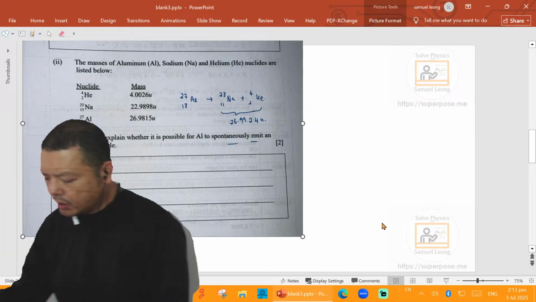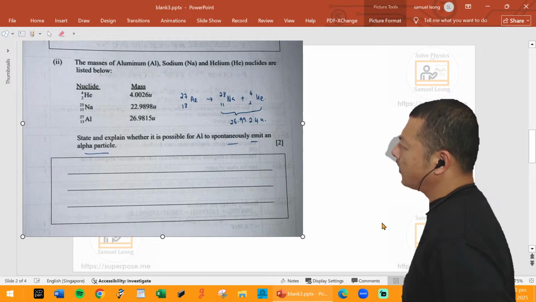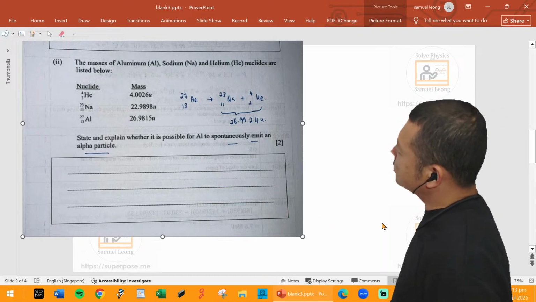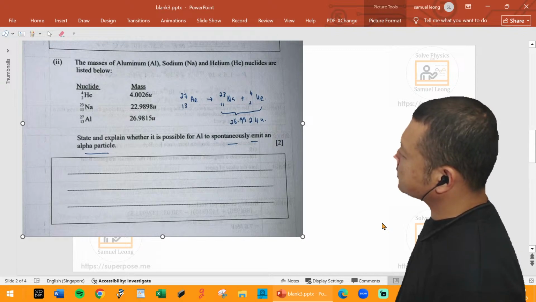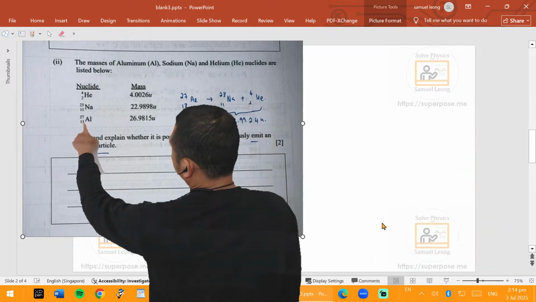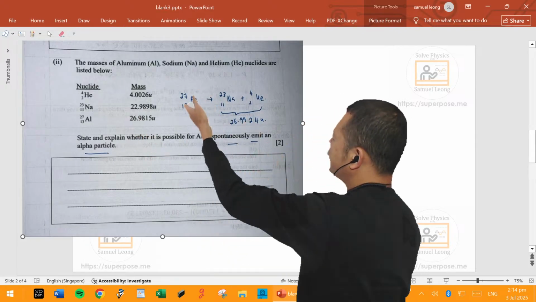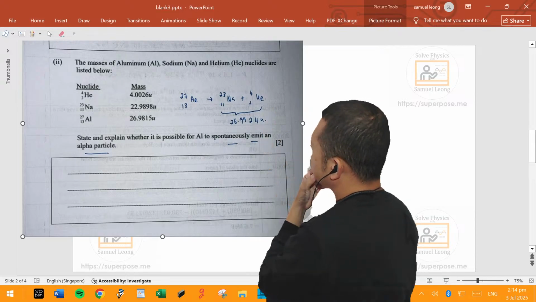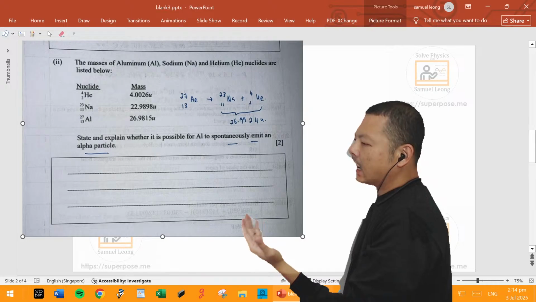Okay. So the question is asking you whether it is possible for aluminum to spontaneously do alpha decay. So we have to kind of see, right? So if it does alpha decay, it will be what? 4 minus 2, so that's sodium. That's why they're showing you sodium, right? So will this aluminum decay into sodium with an alpha particle like this? I guess the question will be, what is the information given to you?